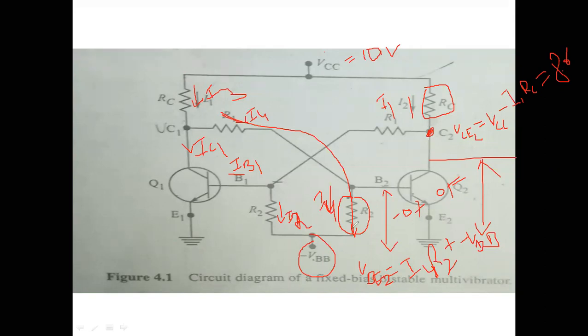Previously we had made a mistake. Instead of I4 we had assumed I2. I2 into R2 minus VBB, you may get a value greater than 0.6. Then you can assume that you had made a mistake, because I2 current is flowing in this direction. This is your I1, and this I1 is split into I2 and I2, and this is your I4.